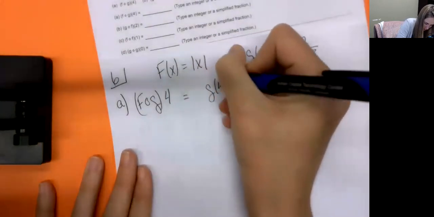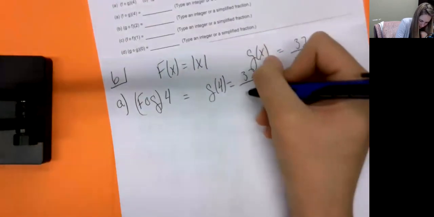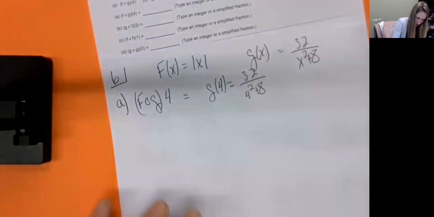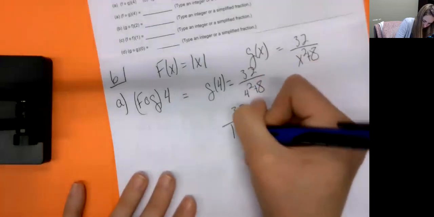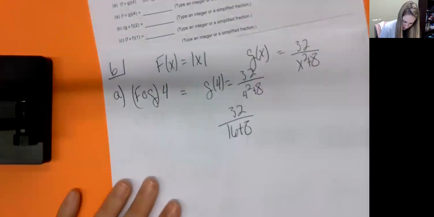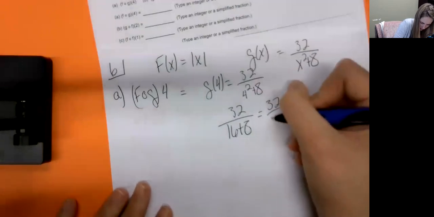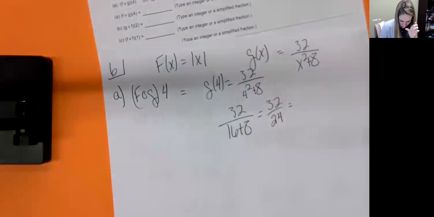So g of 4 equals 32 divided by 4 squared plus 8. So 32 divided by 16 plus 8. We're going to simplify that fraction. Eight goes into both of them.